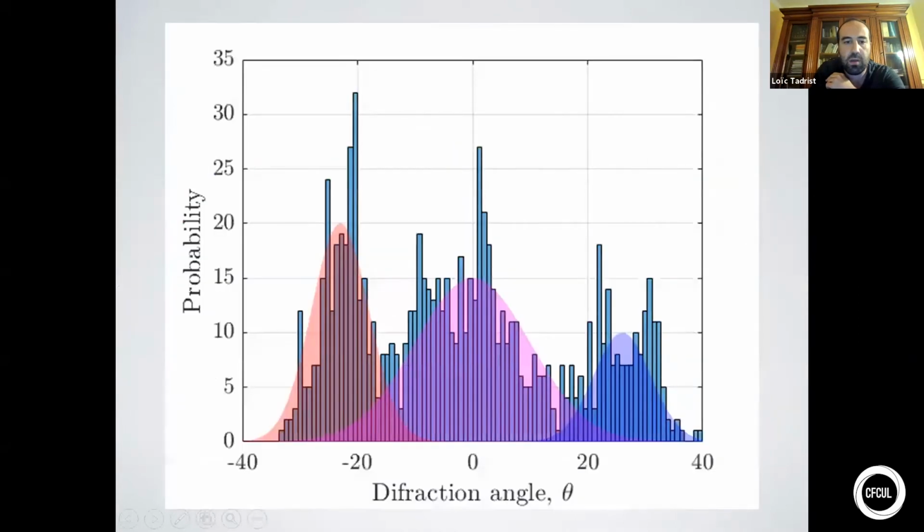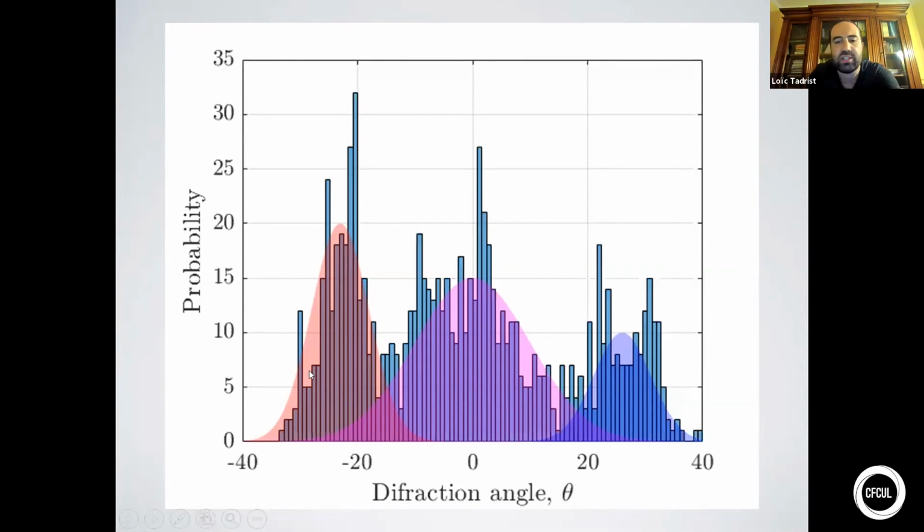Here is the probability graph that we obtain for the diffraction angle. As I told you, there are more particles diffracted to the left than to the right.